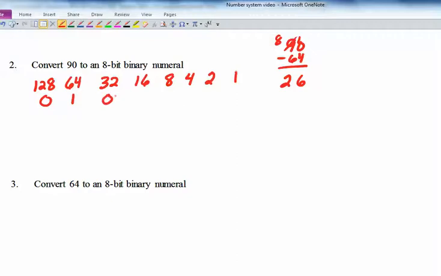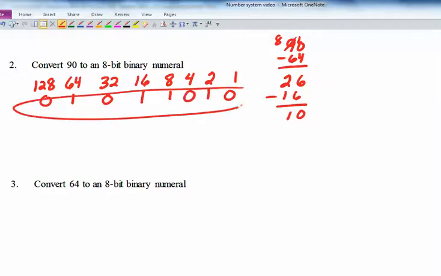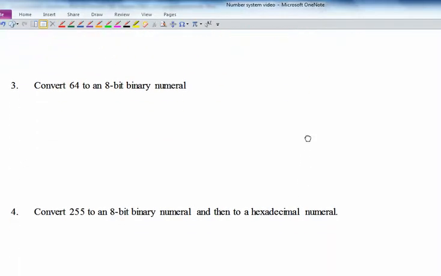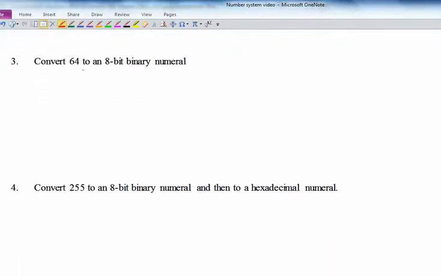So 0 groups of 32, but we can use a group of 16. And then we would have 10 remaining. So from that I can do a group of 8 and a group of 2. So once you get to a small enough number, I hope that you can just fill those in. So there's our answer.